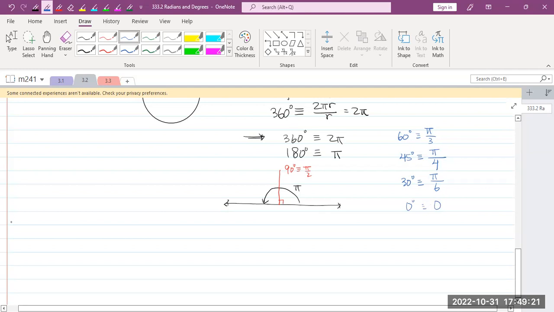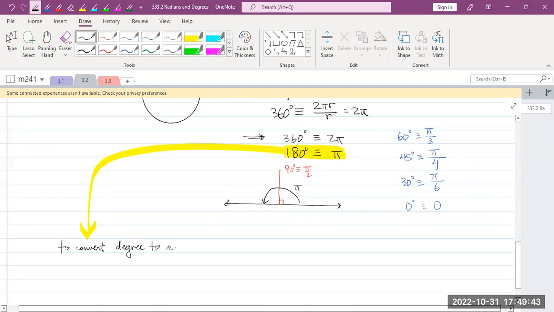Now, how do we do conversion then? Once we know these, especially this one here, we will do the conversion in the following way. To convert degree to radian, we multiply by pi over 180 degrees.